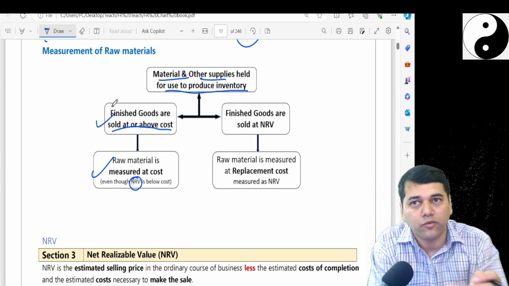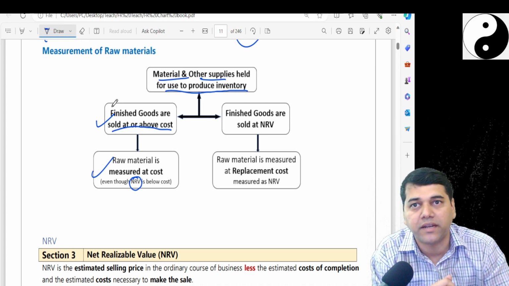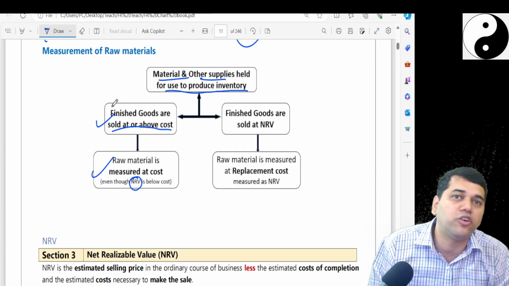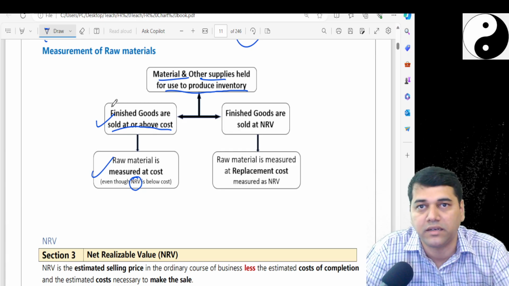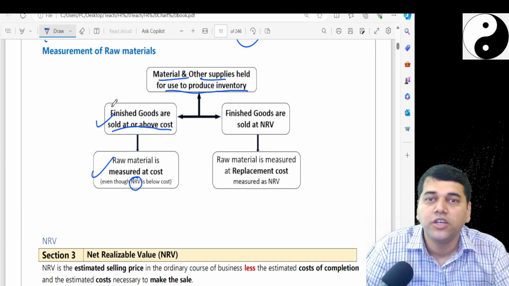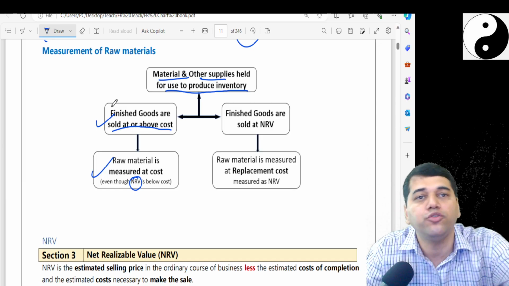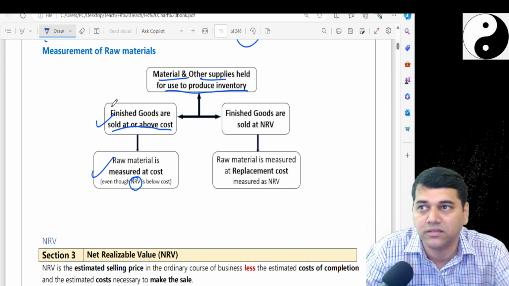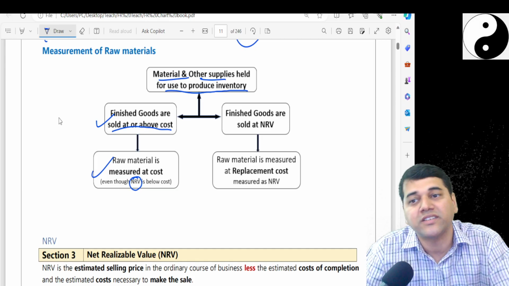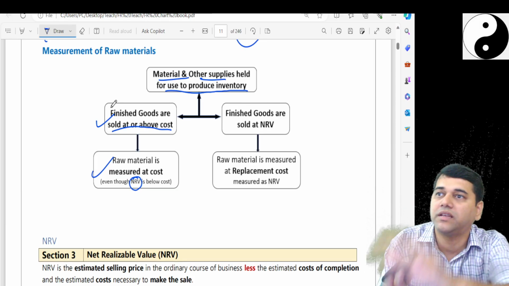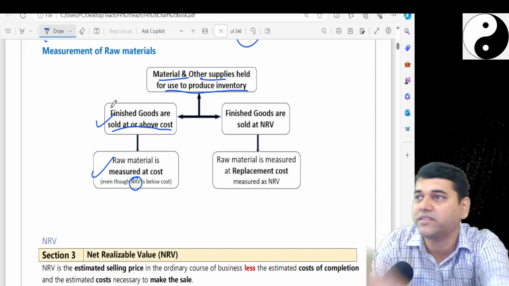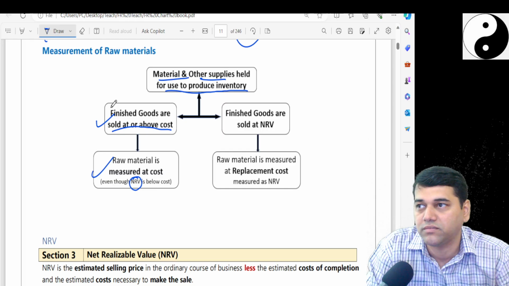If one machine, one fan, has got impaired, but the CGU as a whole has not been impaired, you need not impair that, provided you assume that you continue to use it and you don't have any plans to sell it. But if you have plans to discard this plastic cover because it is problematic, then you discard it, you bring it below the cost.